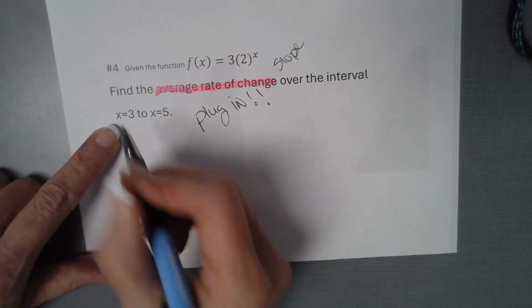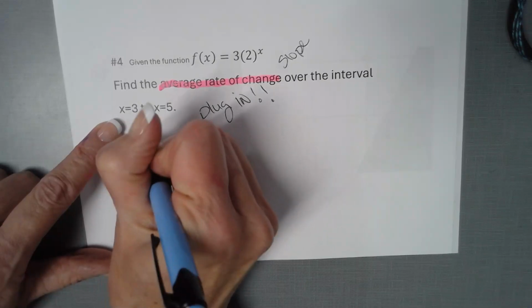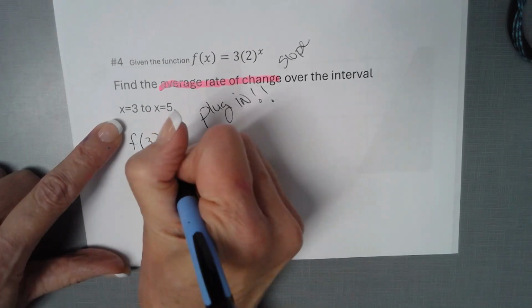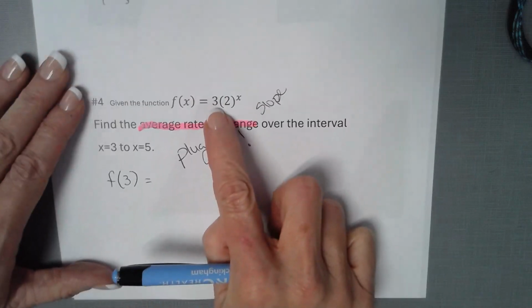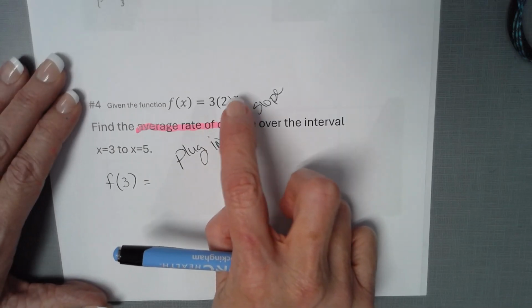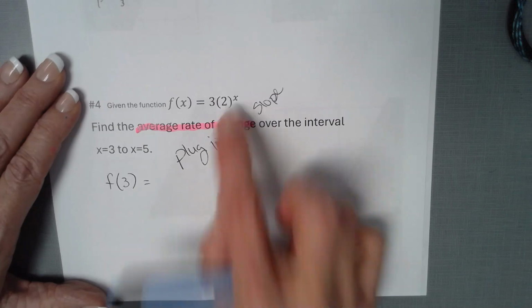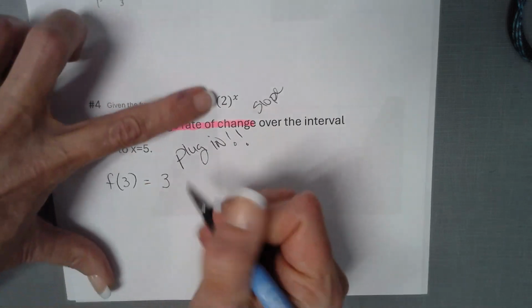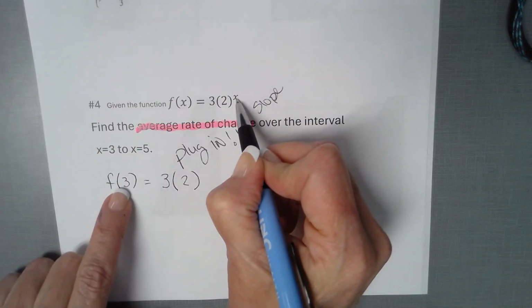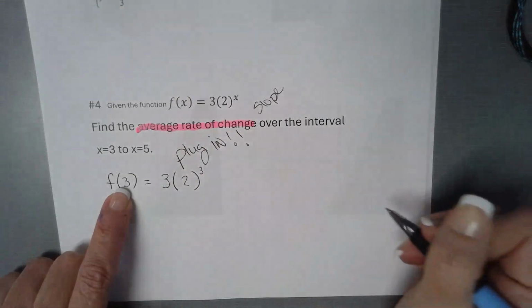So the first thing I'm going to find is f of 3 because x is 3. Okay, so what does that sound like? Well, 3 times (2) raised to the blank. Right there's the x. That's where we're going to plug it in. So 3(2)^x, where the x is where I'm going to plug that 3 in.